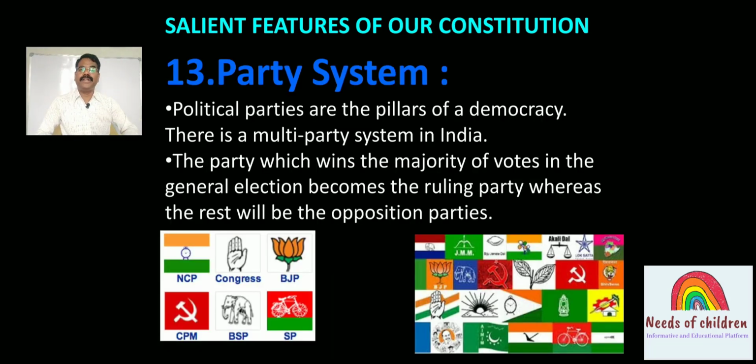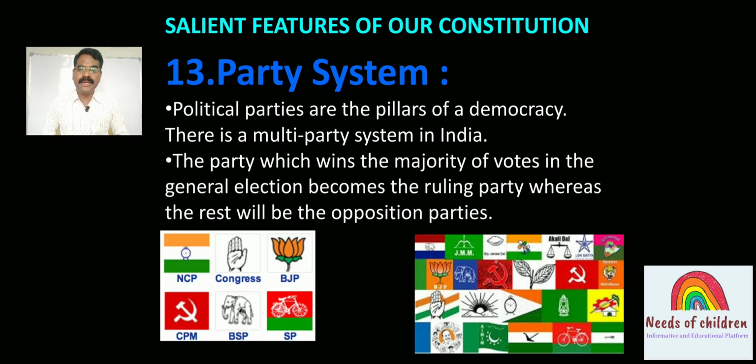And the next, at last, party system. The last salient feature of our Indian Constitution, party system. Political parties are the pillars of a democracy. There is a multi-party system in India.